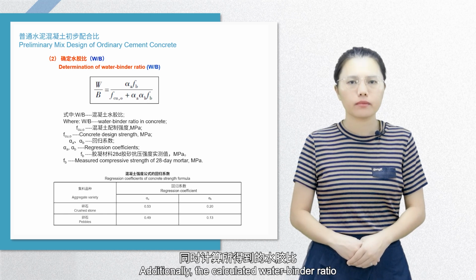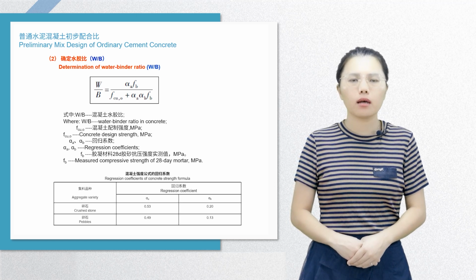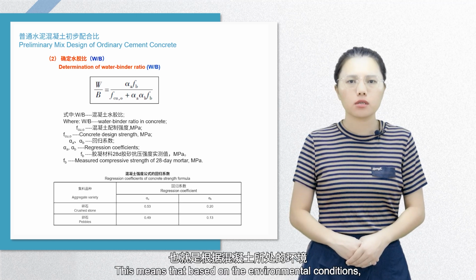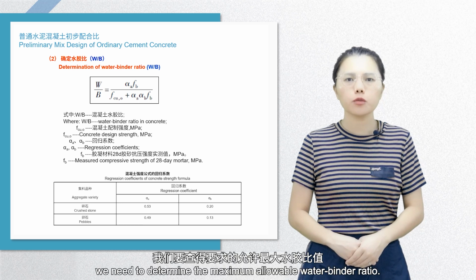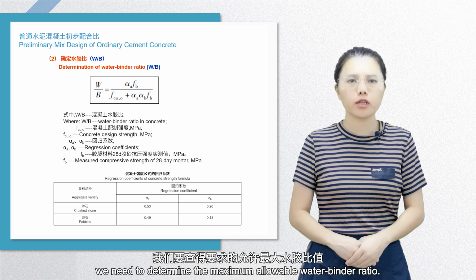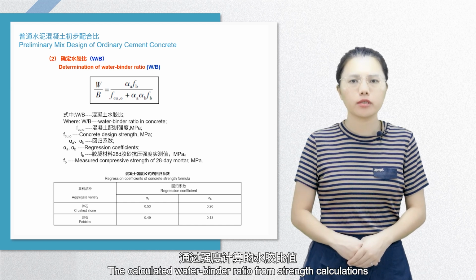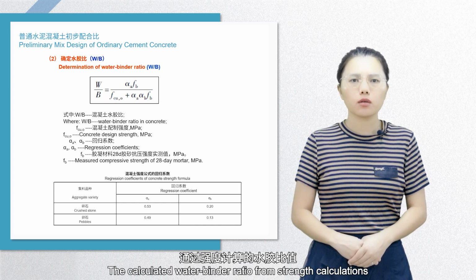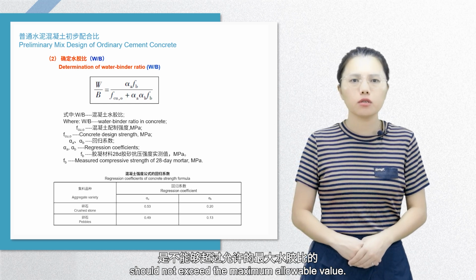Additionally, the calculated water binder ratio must meet the durability requirements of concrete. This means that based on the environmental conditions, we need to determine the maximum allowable water binder ratio. The calculated water binder ratio from strength calculation should not exceed the maximum allowable value.